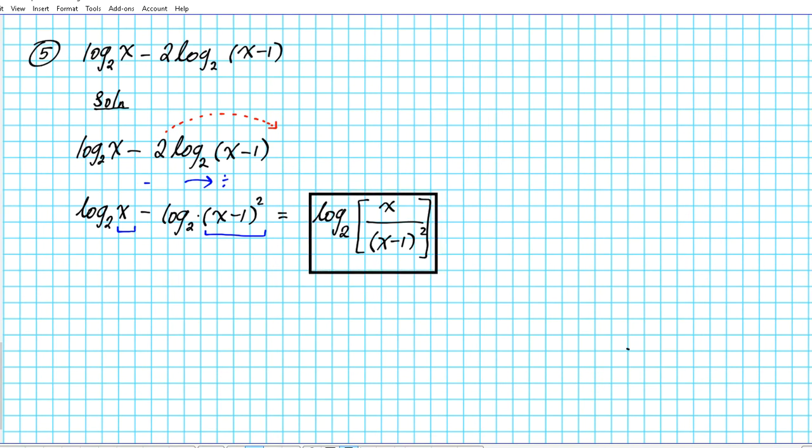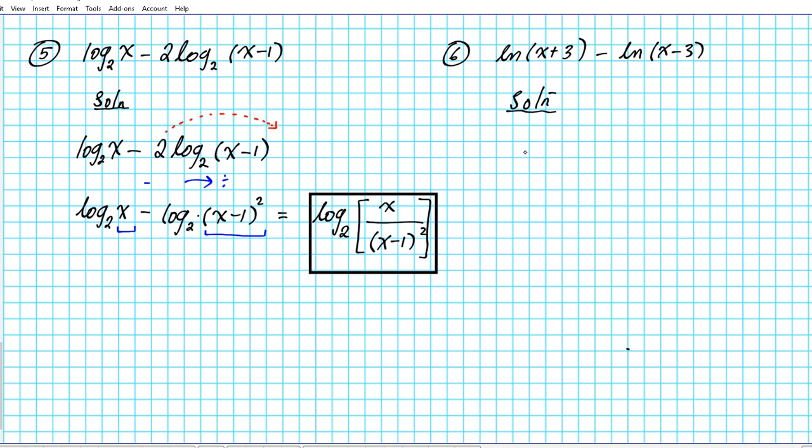Alright, let's take a look at another example. Question 6. What if we are to condense the natural logarithm of x plus 3, now we have a binomial as a logarithmic argument, a linear binomial, minus the natural logarithm of x minus 3. Okay, so how do we go about doing that?